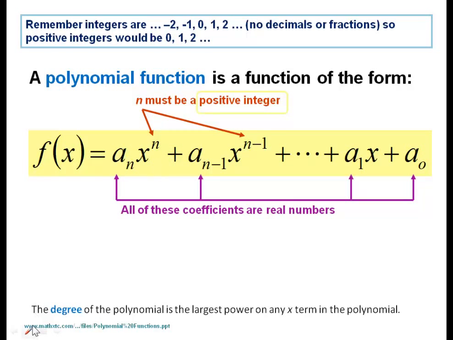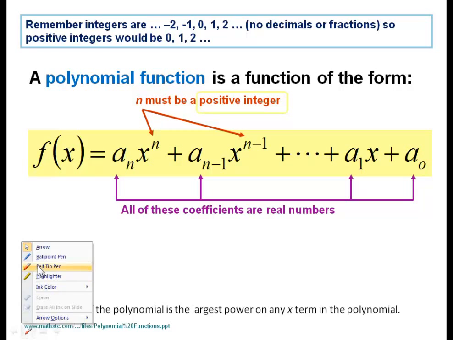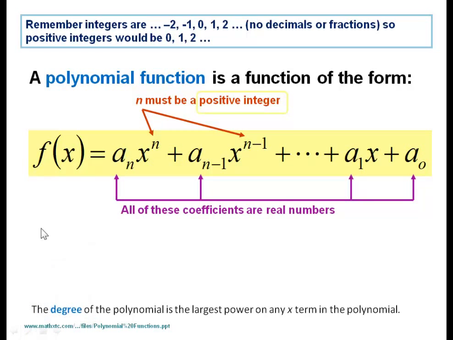For example, I'm going to give you an example of a polynomial. Let's say I write f of x is equal to 4x cubed minus 3x squared plus 2x minus 4. This is a polynomial function. Notice all my coefficients are real numbers. All my exponents are positive integers.